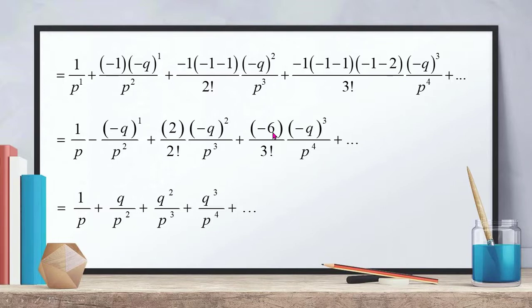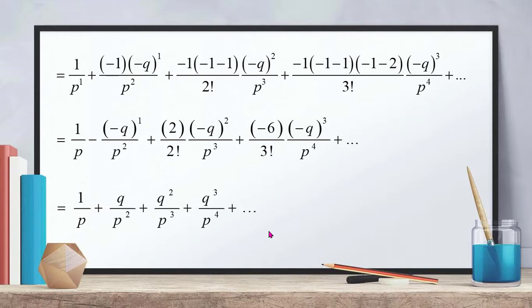-6 divided by 3 factorial. 3 factorial is 6. So -6 divided by that will leave us with -1 here. And this one is going to give us -q cubed. So -1 and -q cubed will simply give us a +q cubed. That's what we're going to have.